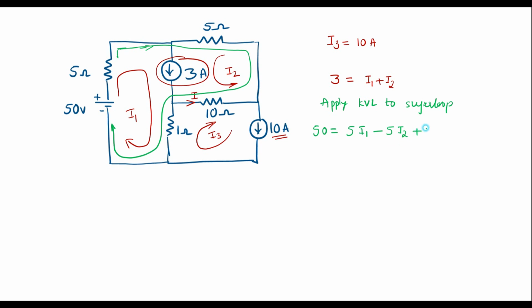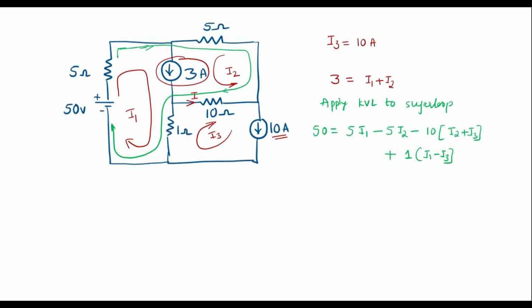The green direction is like this, I2 is opposite to that, so we take minus 10 times I2 plus I3, both in the same direction. Then current will flow through 1 ohm resistor. In 1 ohm resistor I1 and I3 are flowing, that is 1 into I1 minus I3.